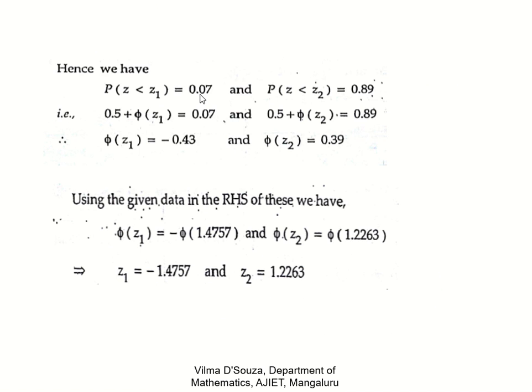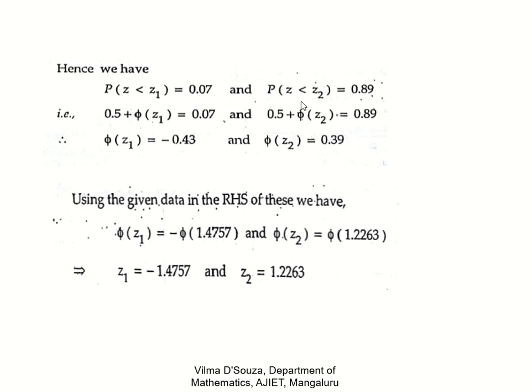As we have done in the second problem, Z less than Z1 is 0.07 can be written as 0.5 plus phi of Z1 is 0.07. Or what is your phi of Z1? Phi of Z1 is minus 0.43, that is 0.07 minus 0.5, that is minus 0.43.